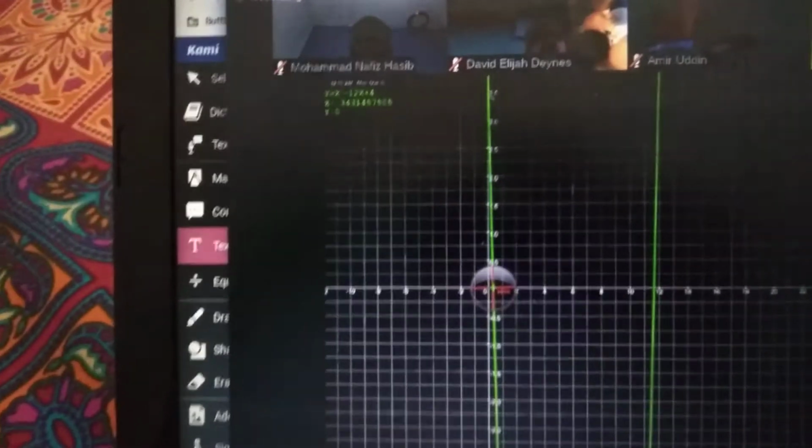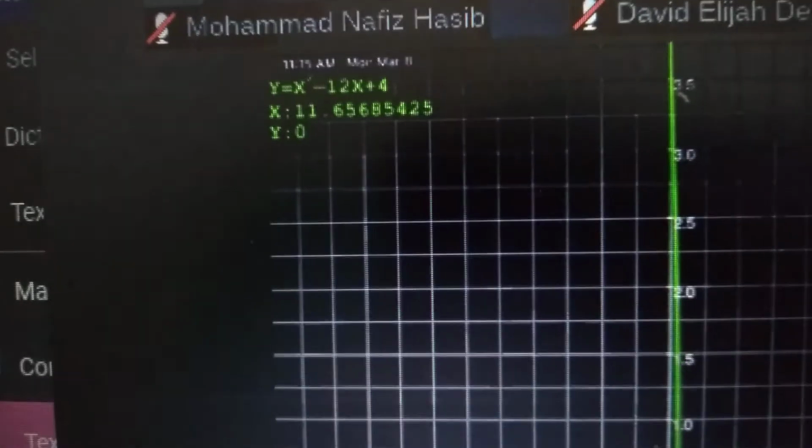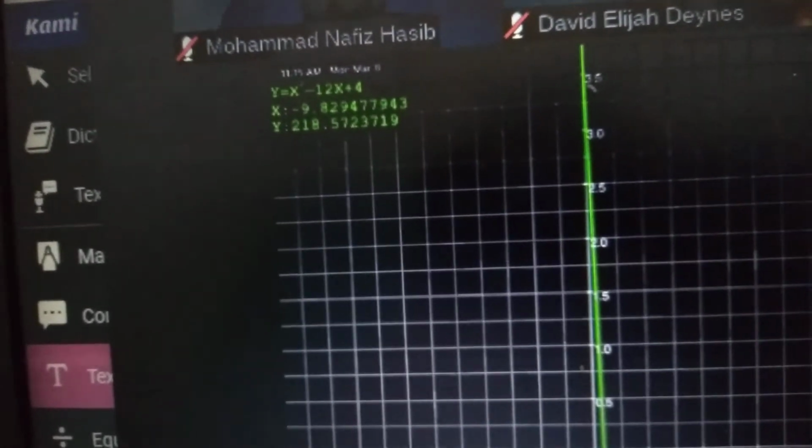Everybody sees where it says 0 in red. Look at the upper left-hand corner at the very top of my screen. X equals 0.343. Y equals 0. Now, let me go to the other 0. The other 0, oh, 11.656. That can be rounded to 11.7. And the y is 0.